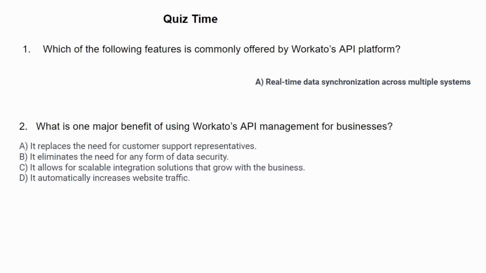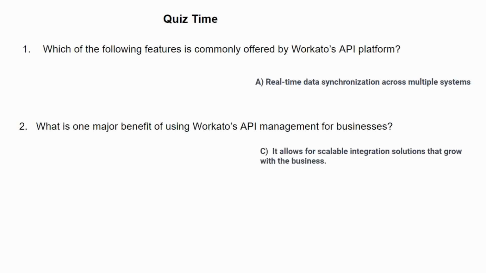So I guess you can play very smartly here, removing the odd one out and selecting the appropriate option based on the question, right? Hope you guys answered this as well. So without wasting time, I'll just give you the answer. The answer is C, that is, it allows scalable integration solutions that grow with the business.